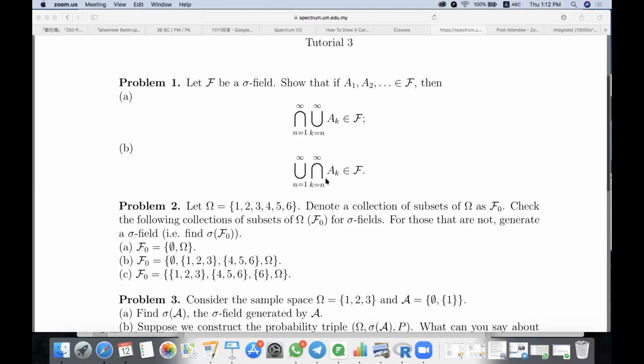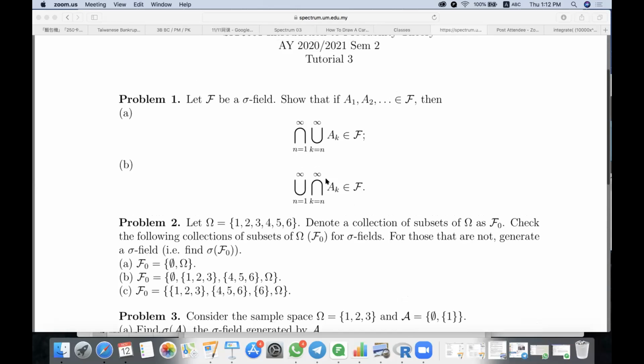It's actually quite easy. Any volunteers for question 1? No volunteers.